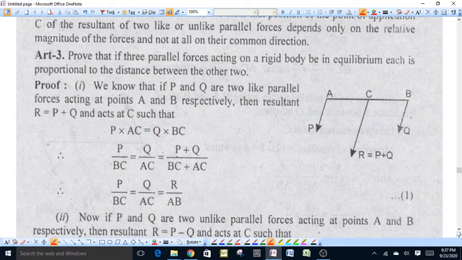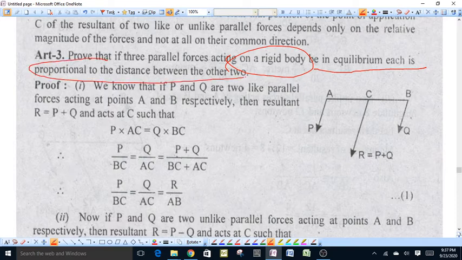Now, suppose we have three parallel forces acting on a rigid body in equilibrium; then each will be proportional to the distance between the other two.